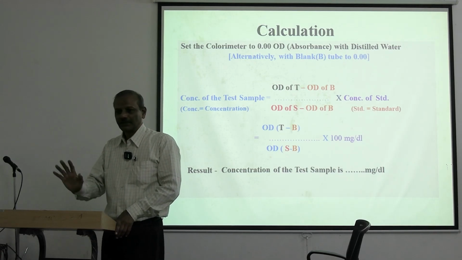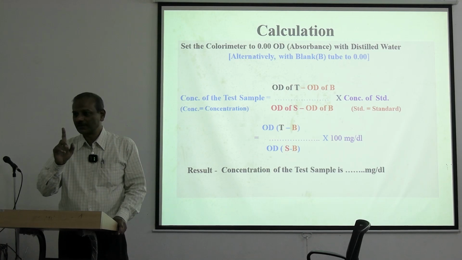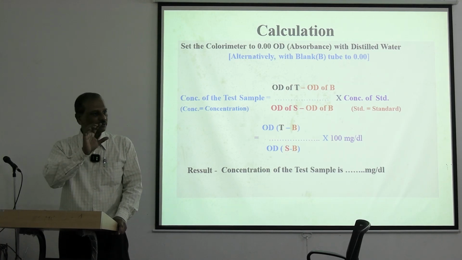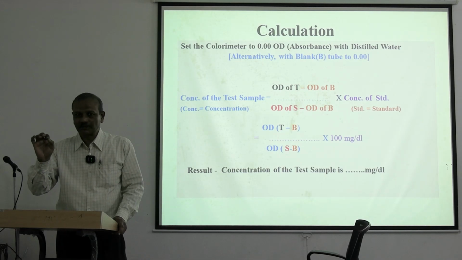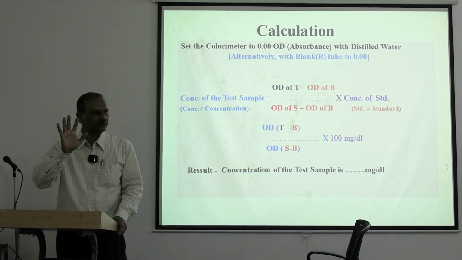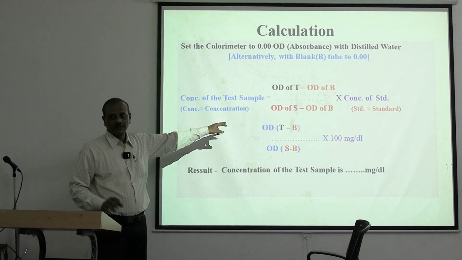Now among the two, standard or test, which one will you decide first? I am telling you, look at the concentration and intensity: whichever has a lower intensity, put it in the first step, be it standard or test.